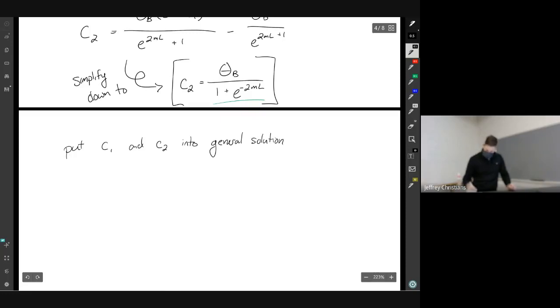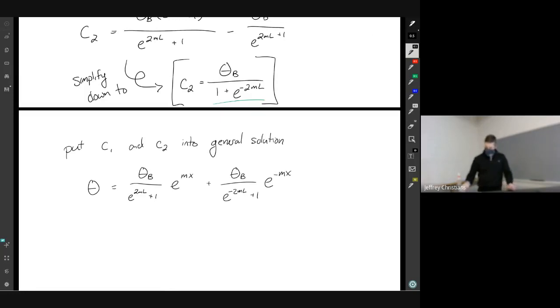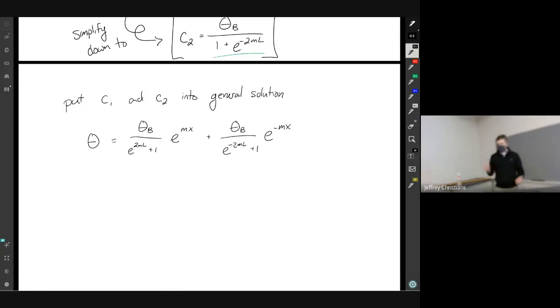That would tell us that theta equals theta B over e to the 2 ml plus 1 times e to the mx, plus theta B over e to the minus 2 ml plus 1 times e to the minus mx. Okay, so that's our final solution.